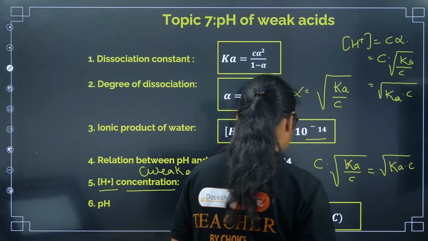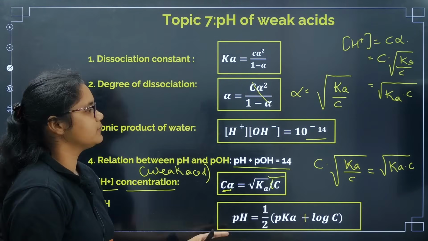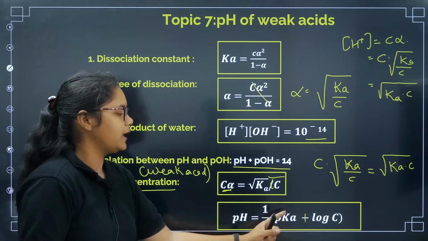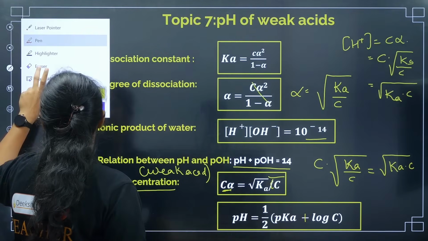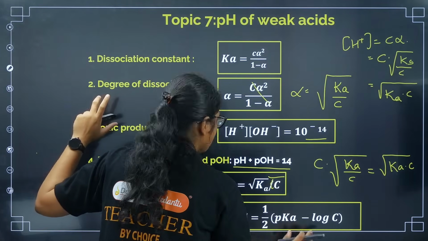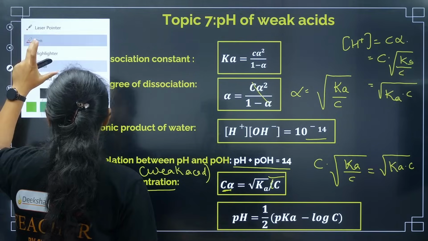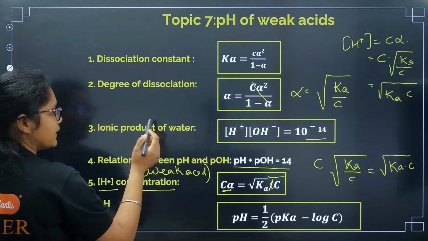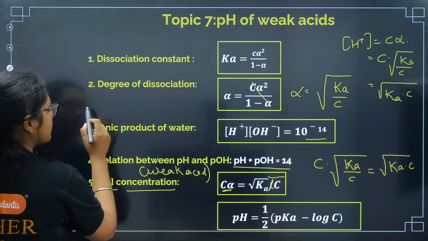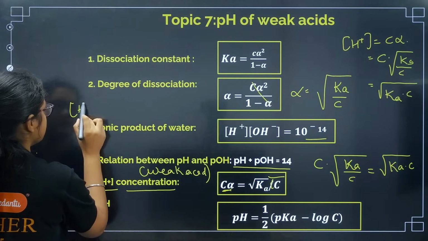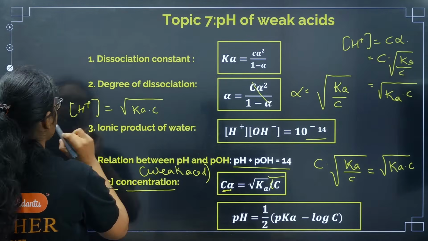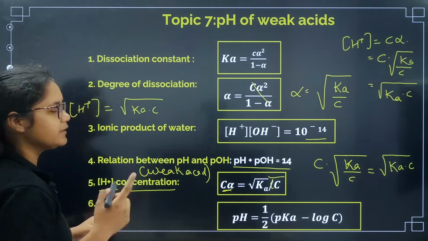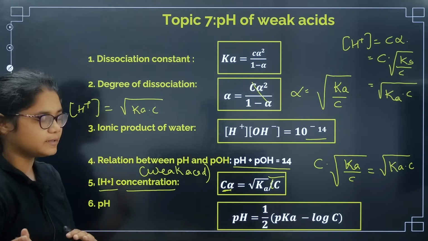Now for the pH value, pH will be equal to half of pKa plus log C. Sorry, half of pKa minus log C. Now how is this formula coming? H plus concentration is equal to root over of Ka into C. Now we have to calculate the pH value. pH is negative logarithm of H plus.